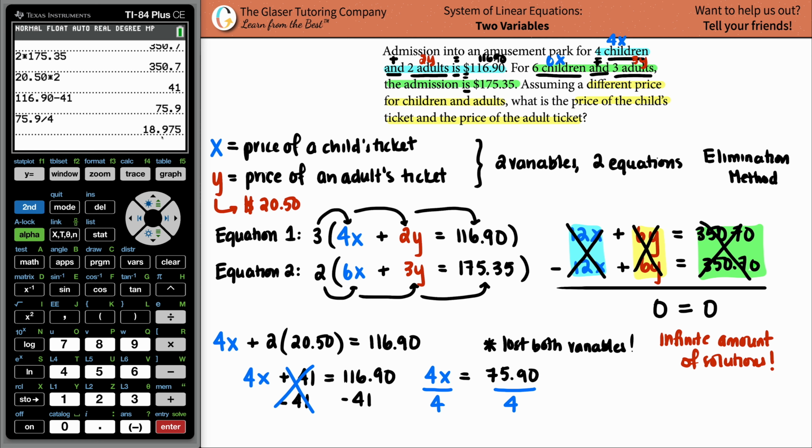And roughly, in my case, we get roughly about $18.98 because there's no such thing as $18.975 unless you go to the gas station. So we have x equals $18.98.